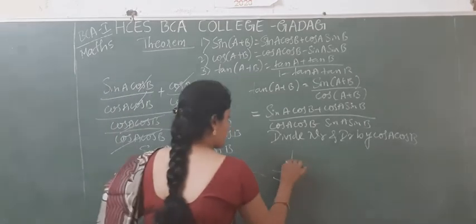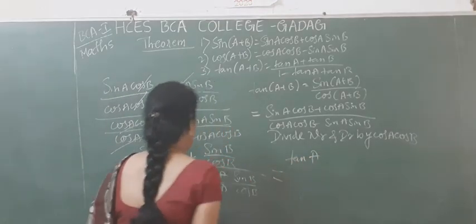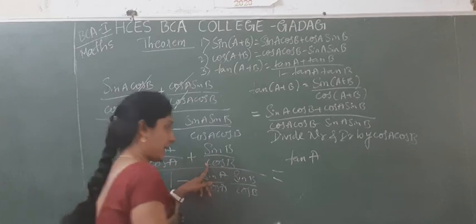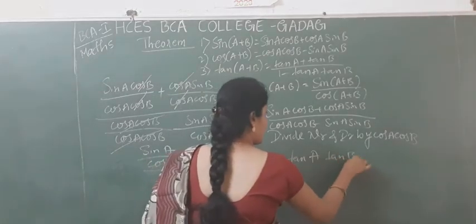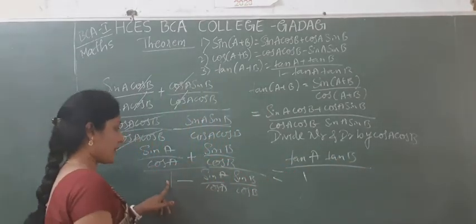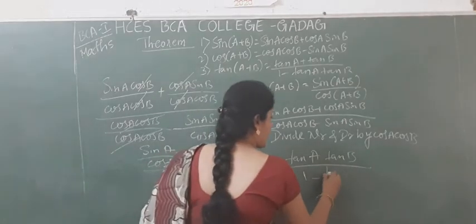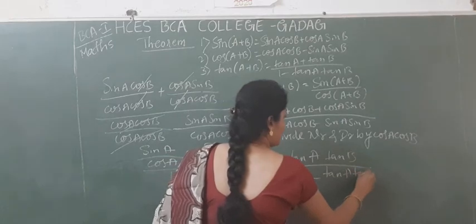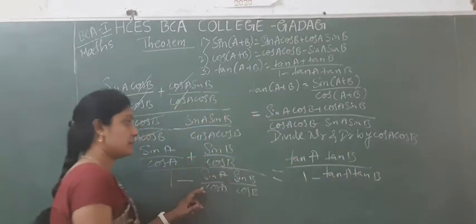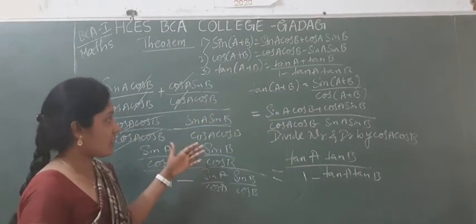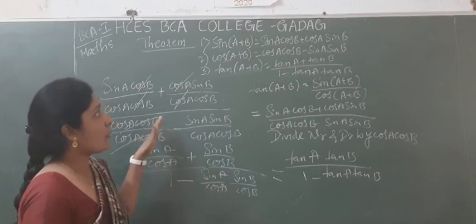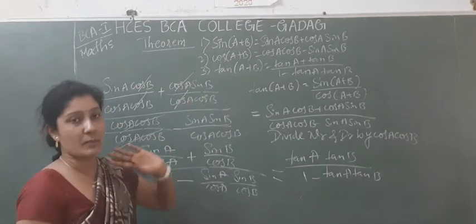Tan. Hence it is tan A plus tan B divided by 1 minus tan A into tan B. Okay, so this is how we can derive the 3 theorems here.